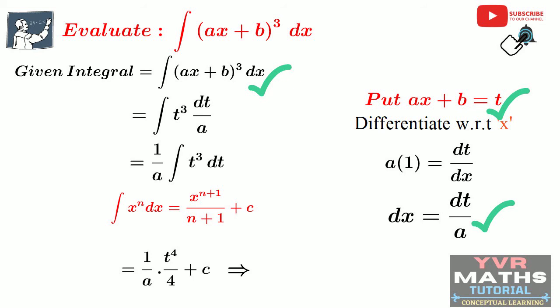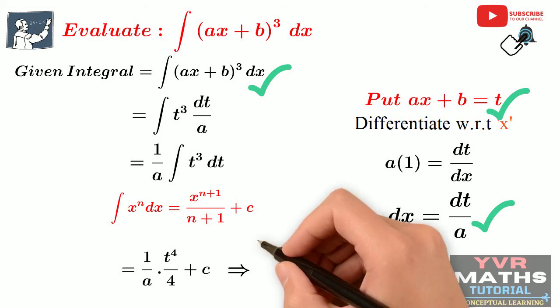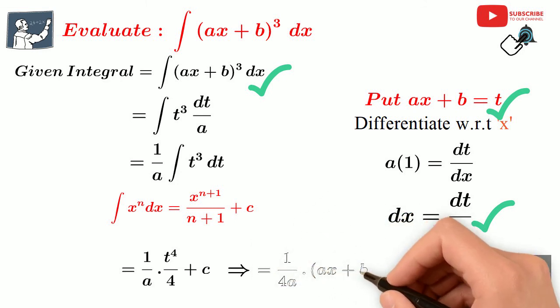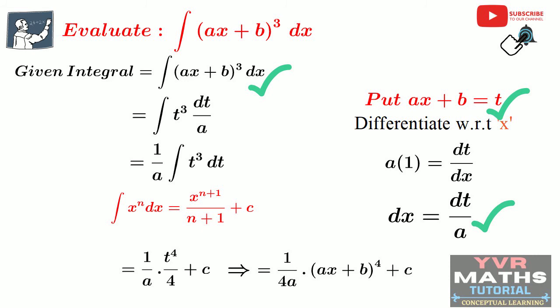And what is the original variable function? ax plus b. So, if we substitute t is equal to ax plus b in the final answer, then what will we get? See here, 1 by 4a into ax plus b whole power 4 plus c. This is the final answer for the given integral. I hope you understand.